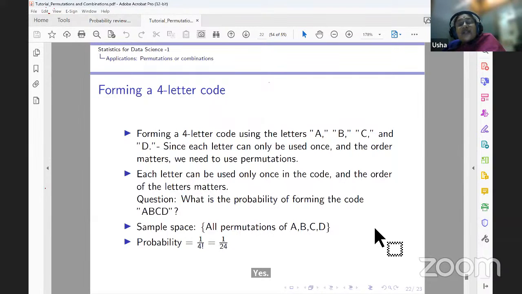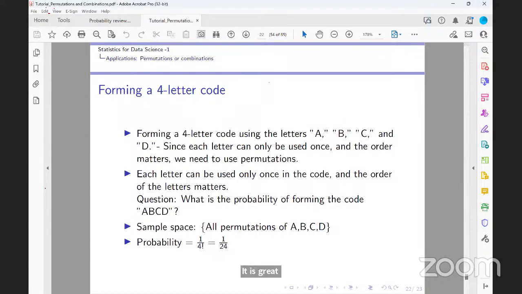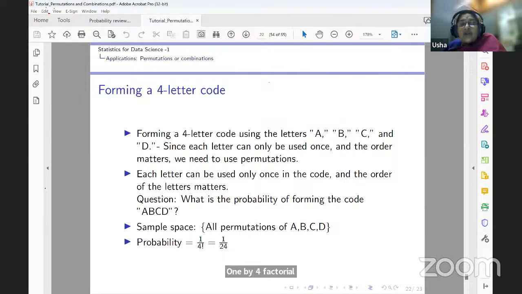I know that the number of permutations of ABCD is going to be 4 factorial. So what is the probability of forming the code? It is going to be 1 by 4 factorial, only one of that is going to be right. So it is going to be 1 over 4 factorial, which is going to be 1 by 24.